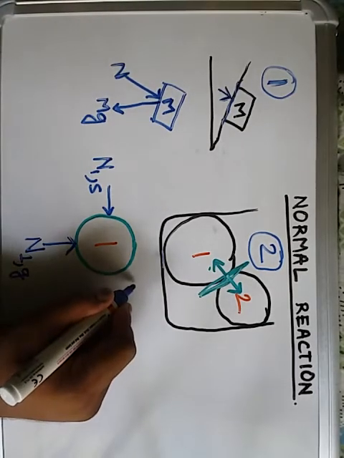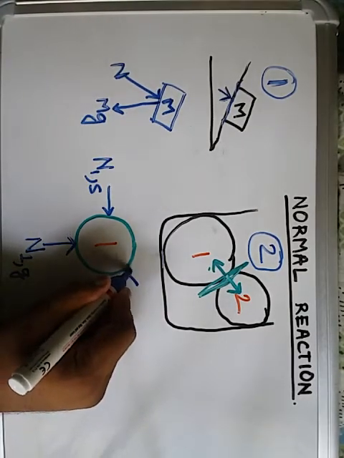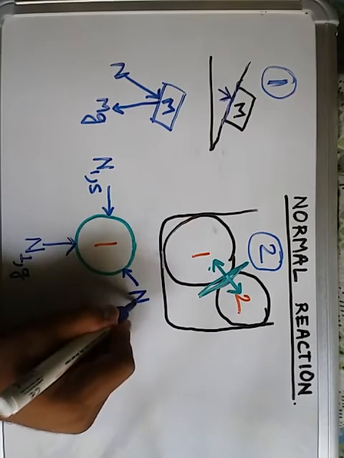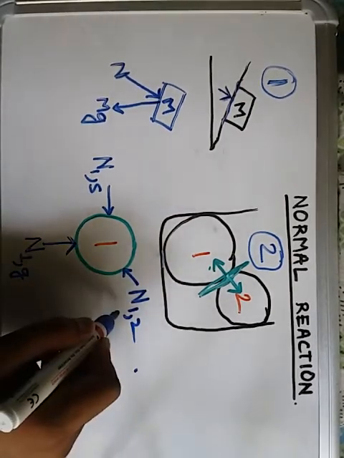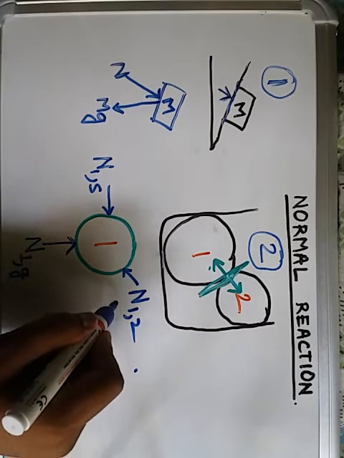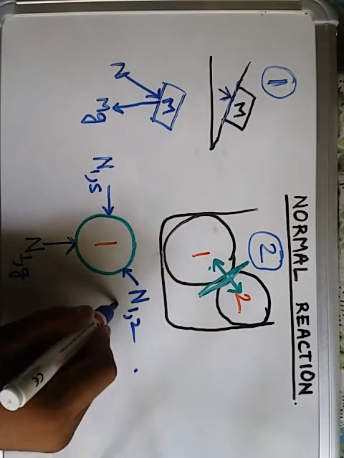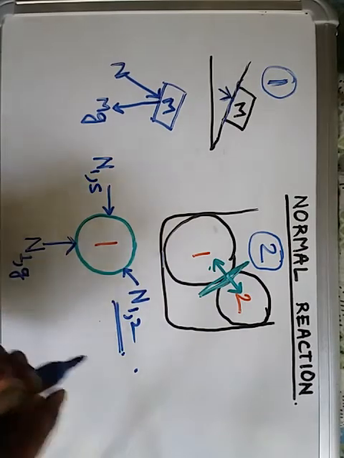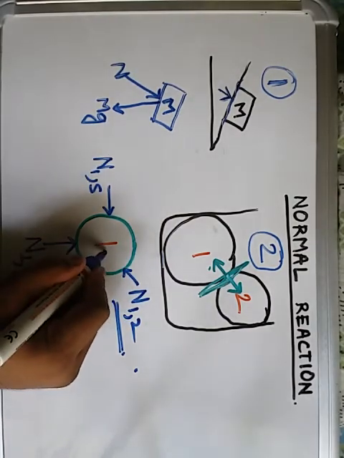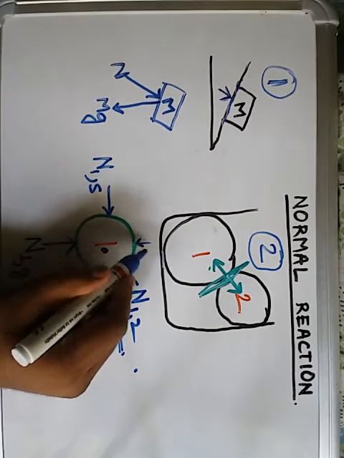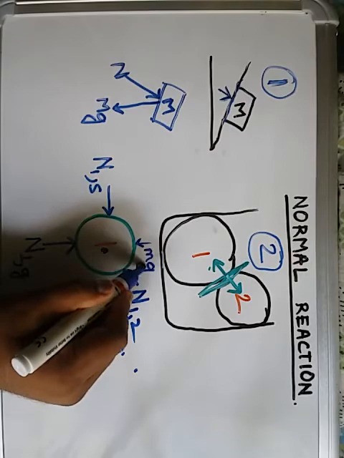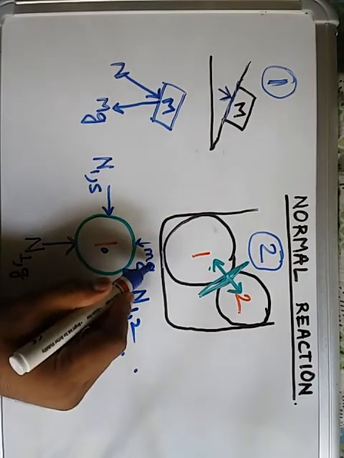And there is a normal force acting in this direction, N12. I have written N12 since this normal force is common for both 1 and 2. Also there is gravity acting in the downward direction, M1G.